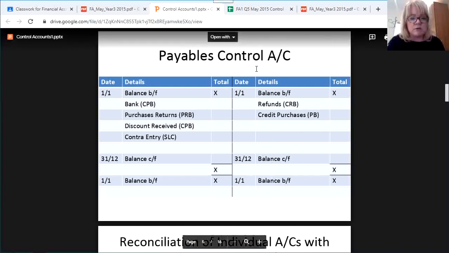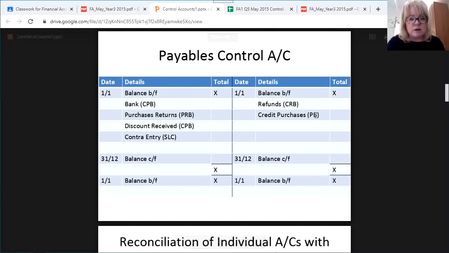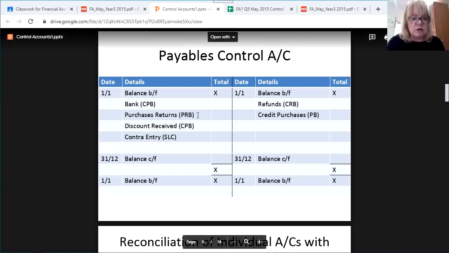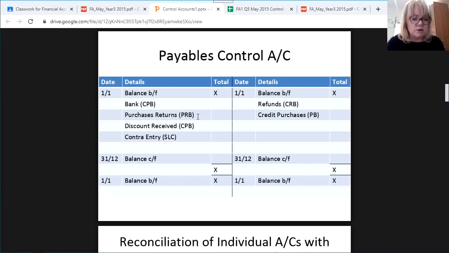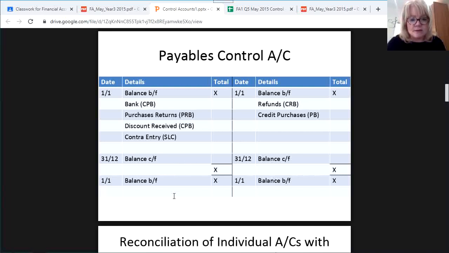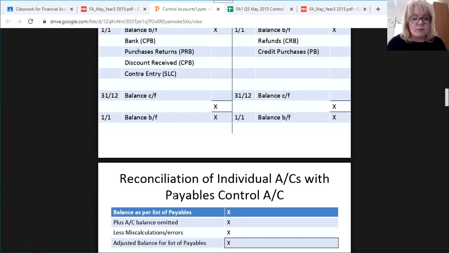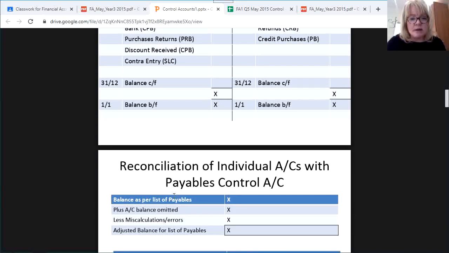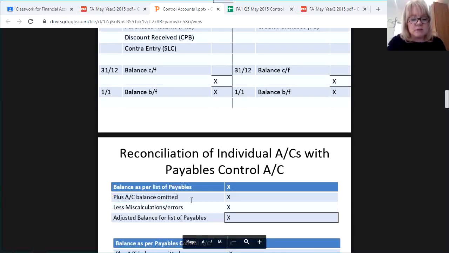So for the payables control account, the credit purchases are taken from the purchases book, the purchase returns are taken from the purchase returns book, etc. The control account is then cross-checked against the total of the individual payables listing. So all the individual payables accounts are added up, and that total then is cross-checked with the control account balance. And this helps to identify errors, and of course the errors have to be cleaned up, and therefore we do a reconciliation to clean that. So that's what we're going to do now.